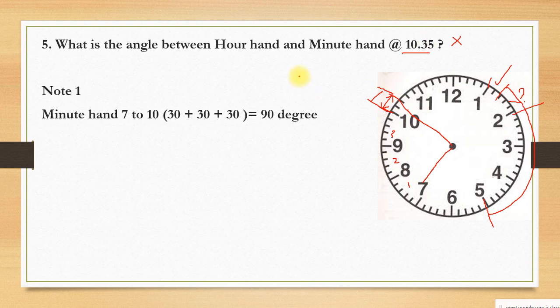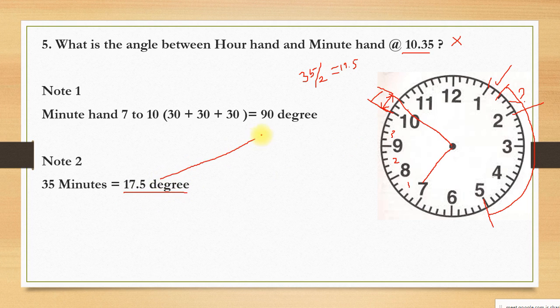Here it is 35. So 35 divided by 2 is nothing but 17.5. So from 10, it has moved 17.5 degree. So you directly add this 17.5 degree with 90. So here you should be very, very careful.